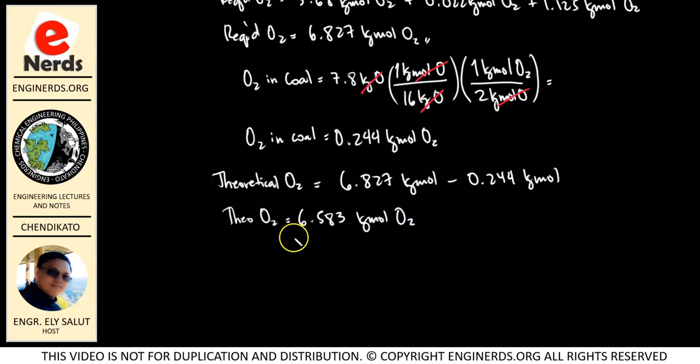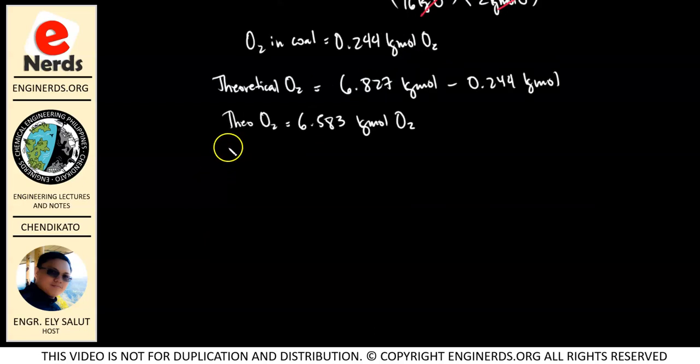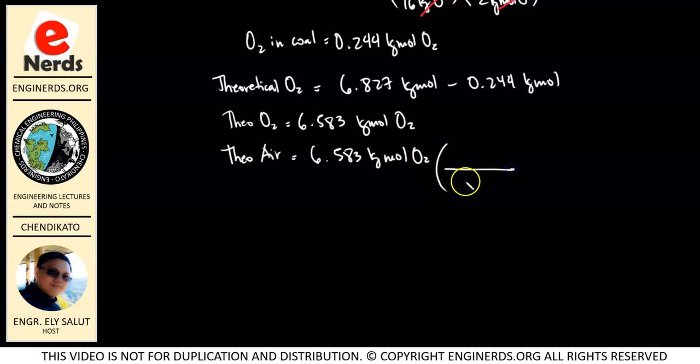So dahil alam na natin yung theoretical O2, that means we can get the theoretical air na needed for our combustion. So we have 6.583 kilogram mole ng O2. And then, we know that sa ating air, we have 0.21 of kilogram mole of O2 for every 1 kilogram mole of air, no?